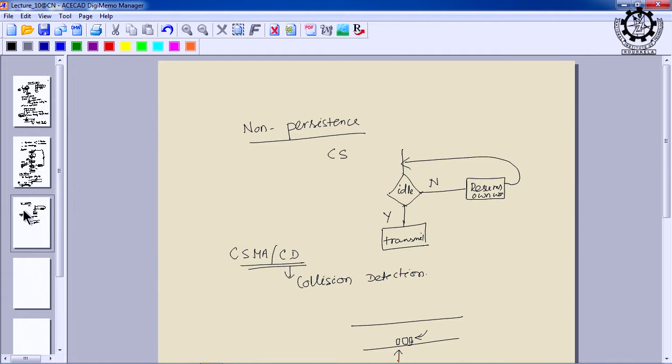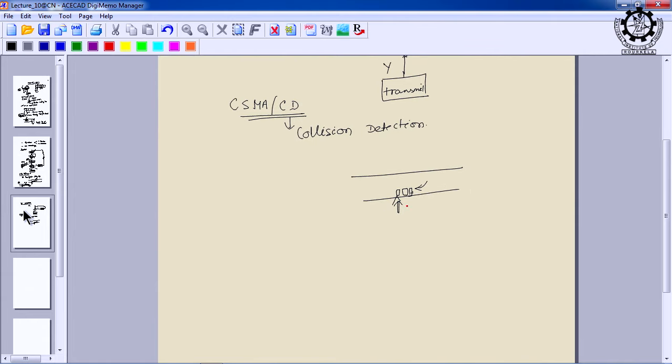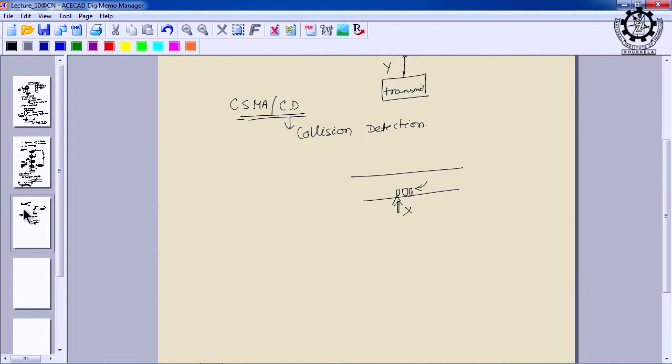So, instead of releasing all the frames to the channel, it immediately stops to save its own transmission cost, the bandwidth, all the resources and everything. So, CSMA CD is one version of CSMA, carrier sensing multiple access, where after the collision is detected, the transmission is immediately stopped. We say this is also a contention based protocol.